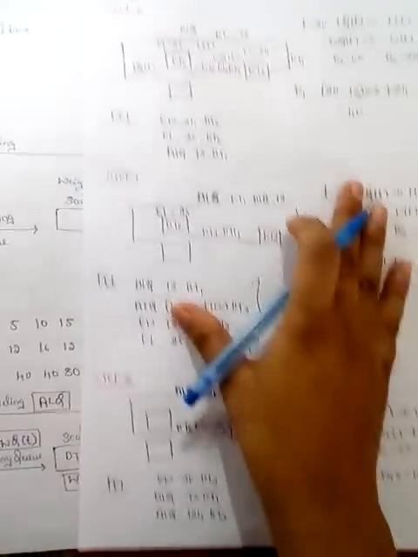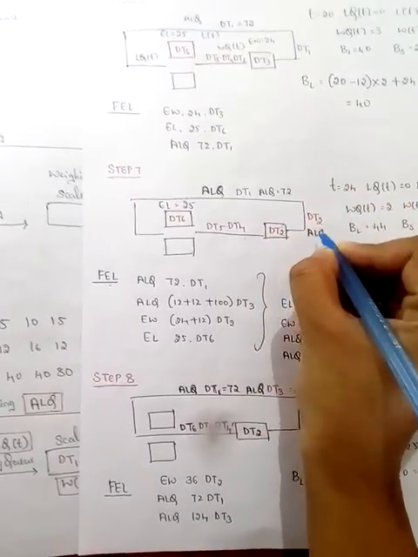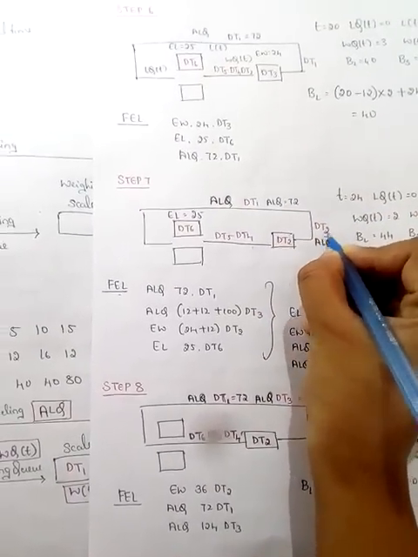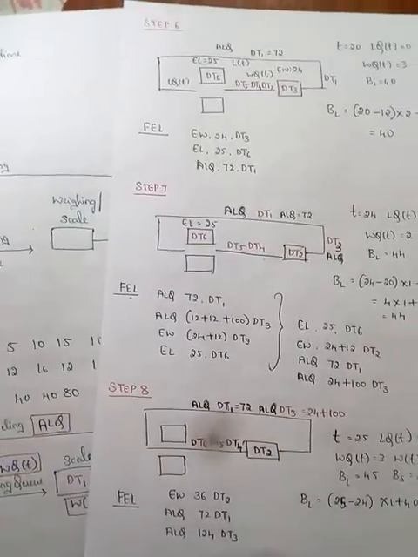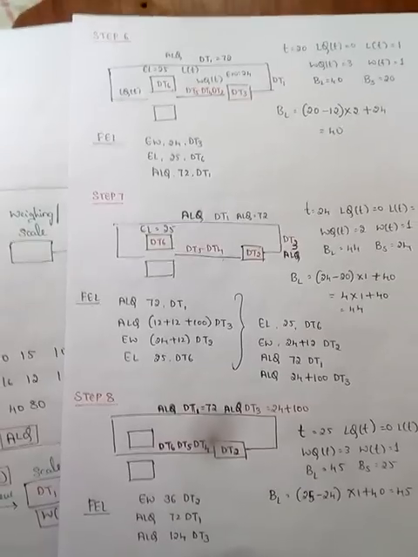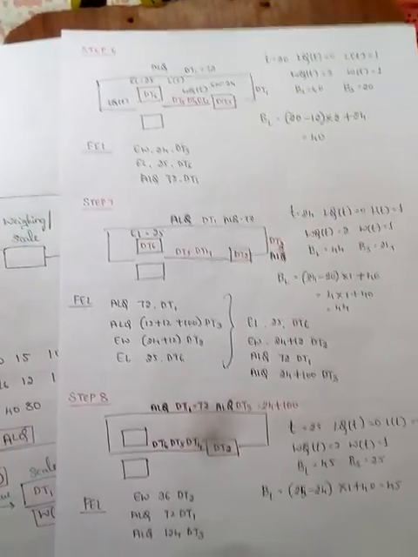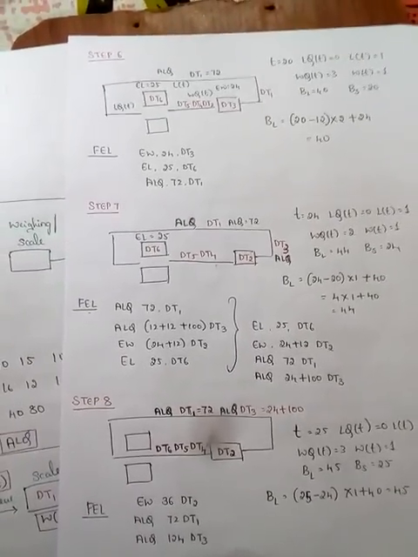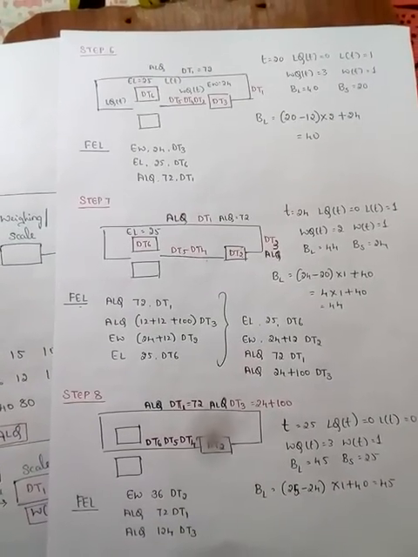In step 7, the DT3 has been moved from the weighing queue to your traveling process.